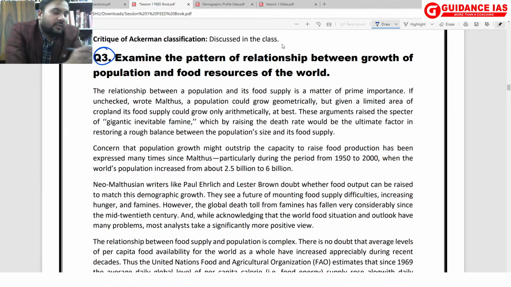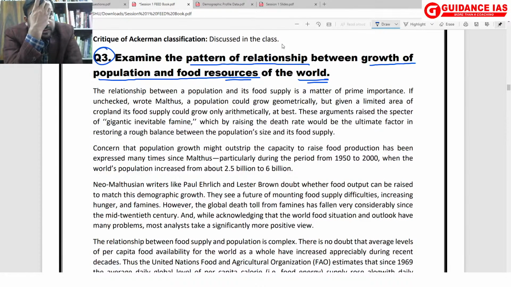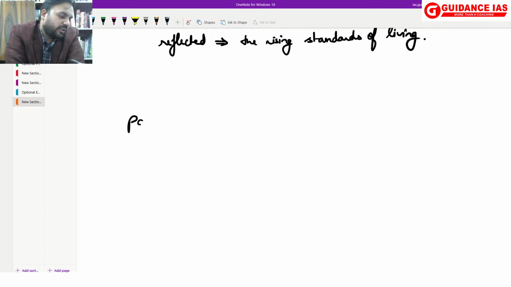Okay. So coming to this question, examine the pattern of relationship between growth of population and food resources of the world. ठीक है, food resources of the world. Now, clearly, can you see here one keyword is pattern? And always remember, in geography, when we are talking about pattern, we always talk about pattern in two senses.